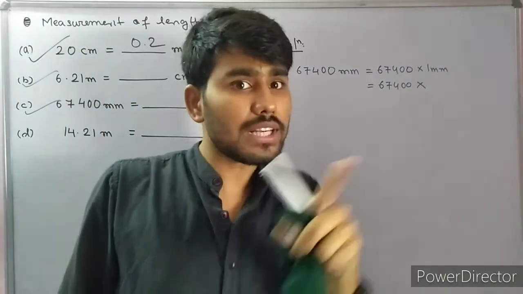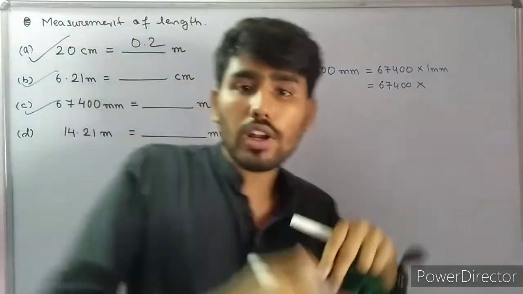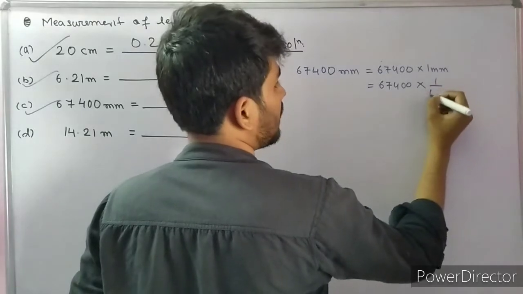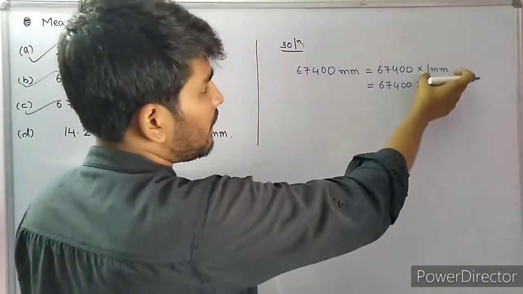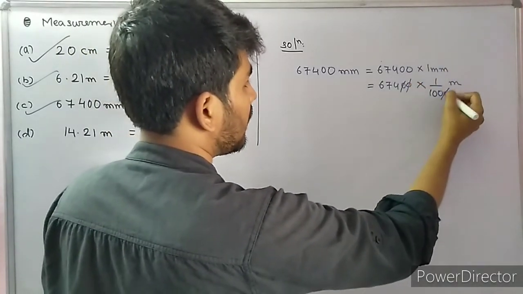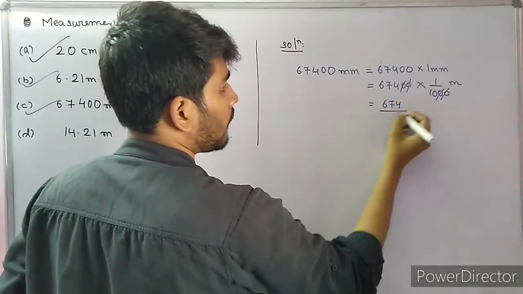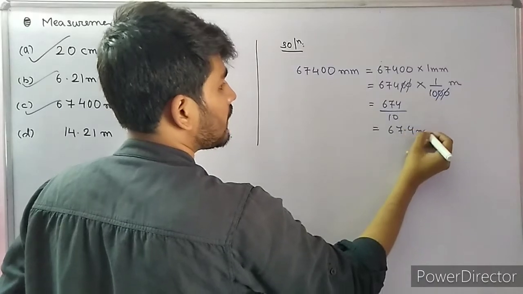This much we know, that millimeter is a smaller unit of meter. How much smaller? 1 by 1000 of a meter. We have studied 1 millimeter is equals to 1 by 1000 of a meter. So this will cancel out. I'll be left with 674 by 10, which is equals to 67.4 meter. Answer.